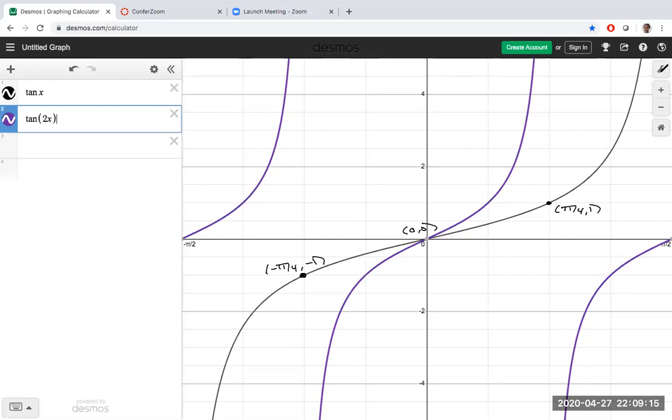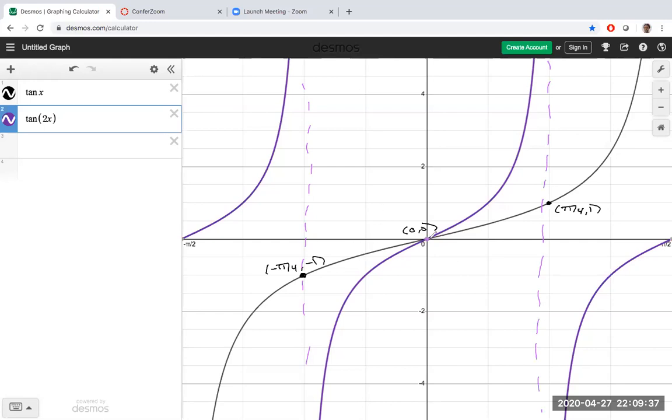So now we have asymptotes for our second graph at negative pi over 4 and pi over 4.